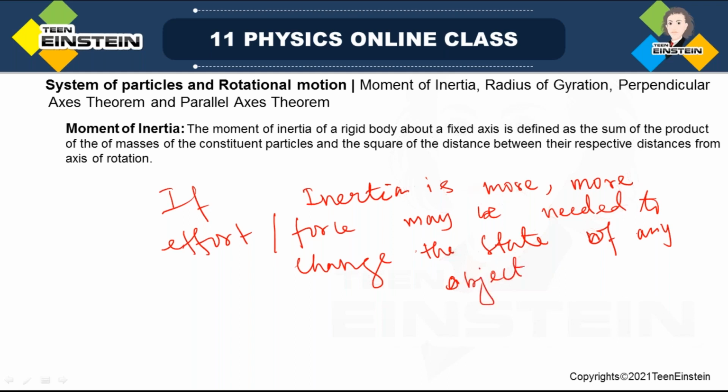So this is what we have learned in Newton's first law of motion. Because of this inertia, it actually opposes the force; it opposes the force that tries to change its state of motion.